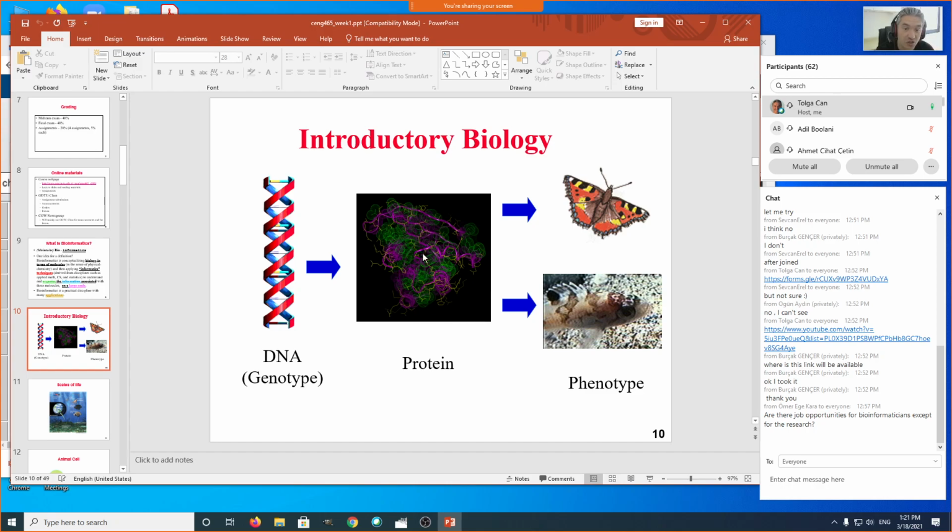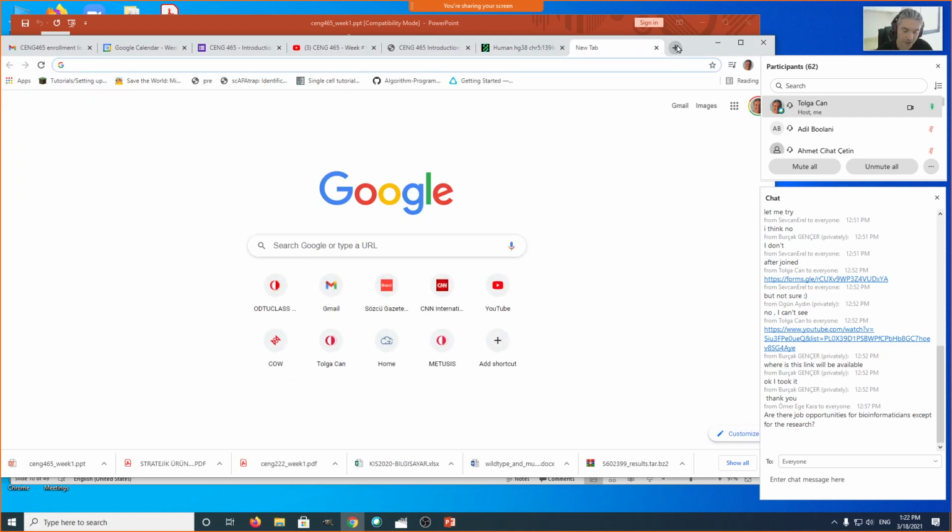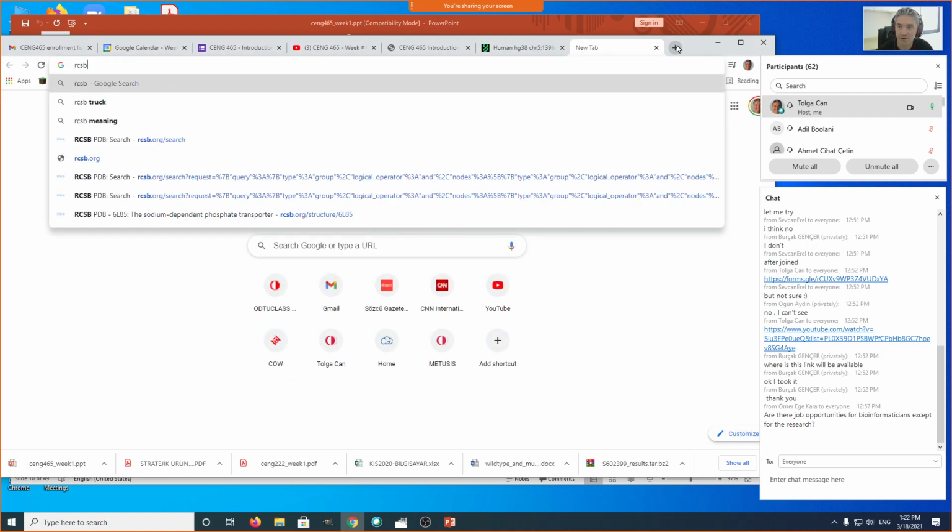The amino acids at the surface, and their physicochemical properties, whether they are charged, polar, or non-polar, really affect lots of things. The shape of the protein really matters, and knowing protein structures is very important. One database for that is RCSB.